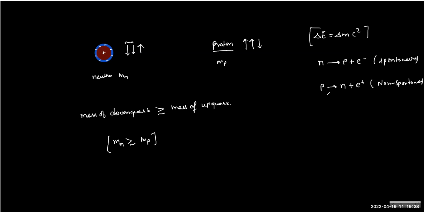Because in the process, you're trying to increase the mass of the system. You'll come to know later on. This is called positron emission, and positron emission is also called the beta plus decay, and this is the beta minus decay.